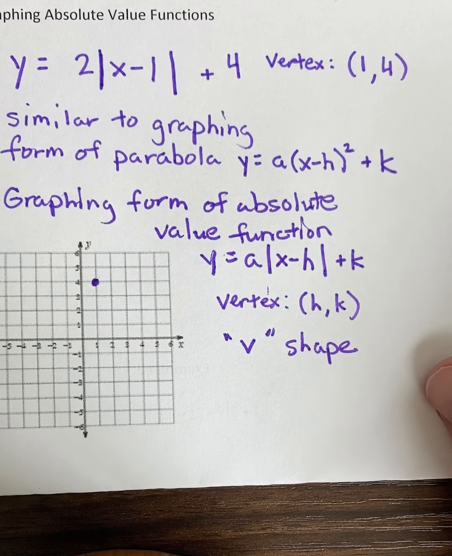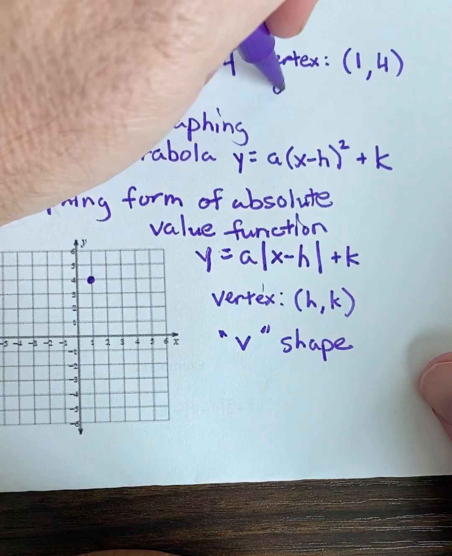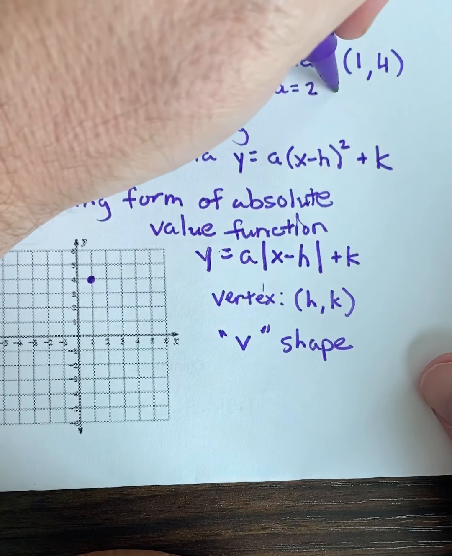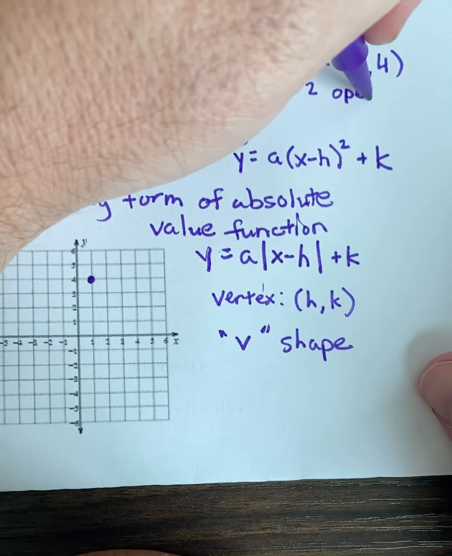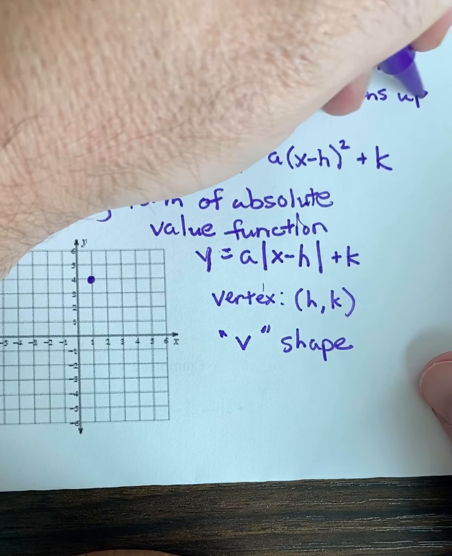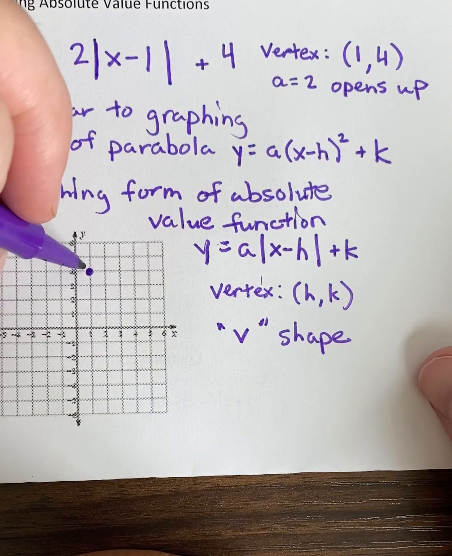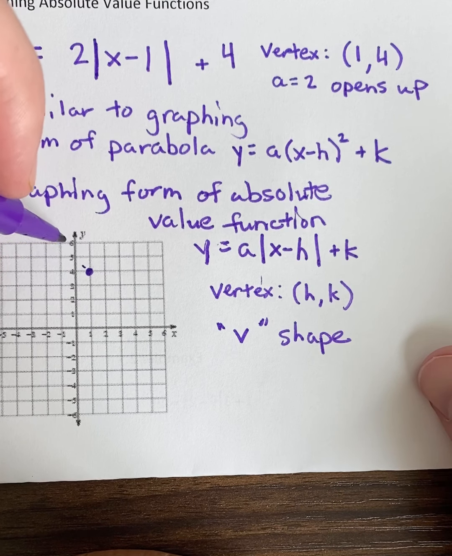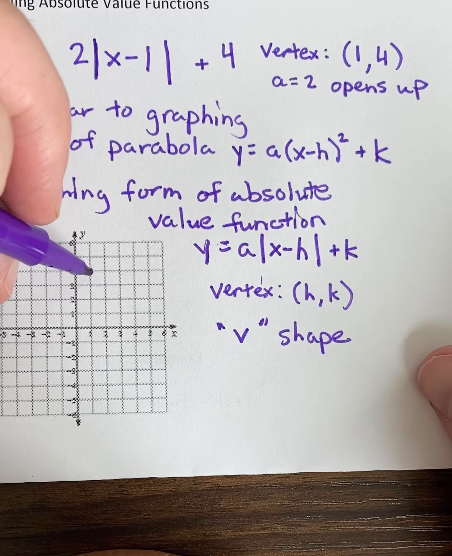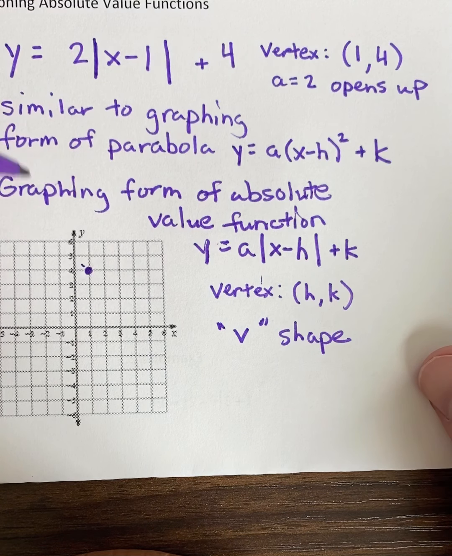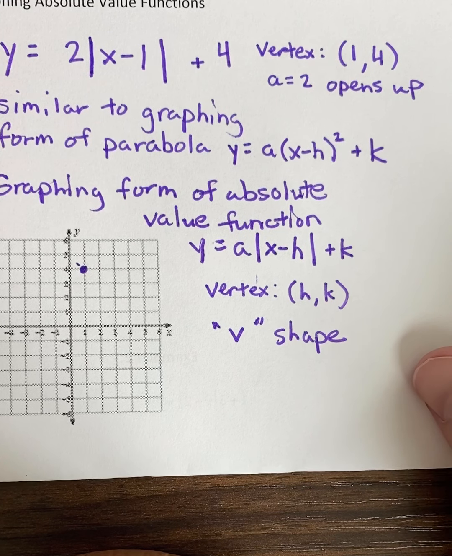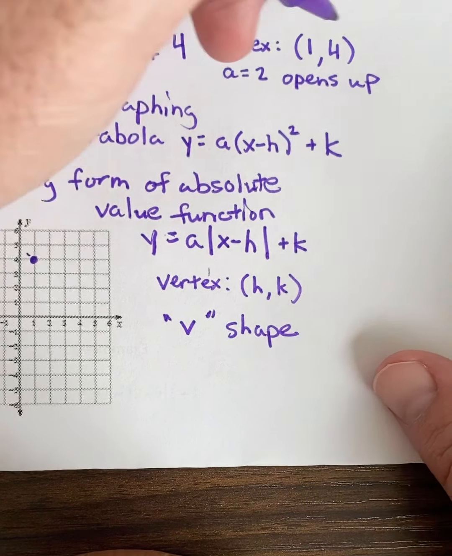How do I know that? Because a is equal to 2. And since this opens up, and the vertex is up here, we're not going to have any x-intercepts. We will have a y-intercept that we can solve for by making x equal to 0. That's the last thing we need to do.